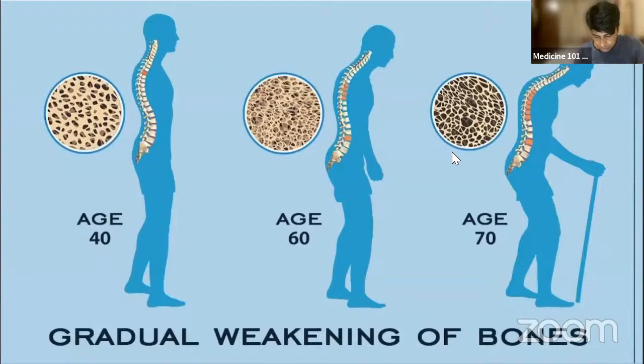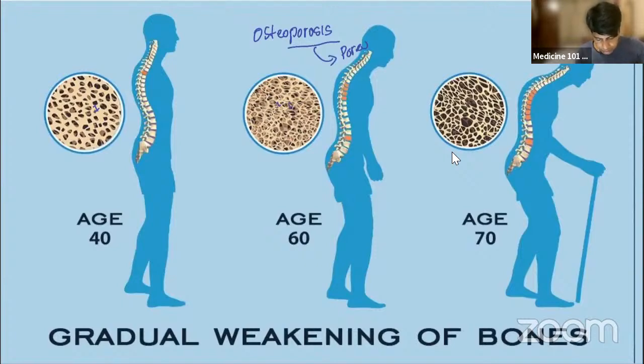So as we know, osteoporosis means formation of pores. This word means formation of pores. And you can see with age, as you grow older, the bone mass decreases and you are left with all these holes, these pores.